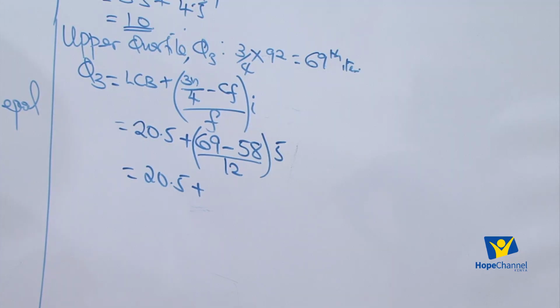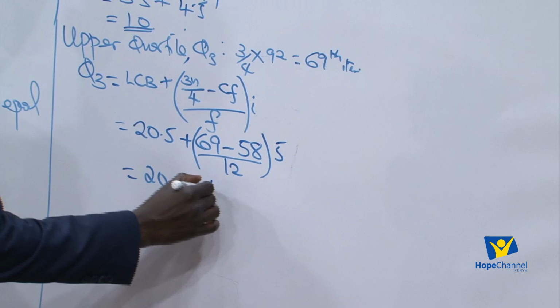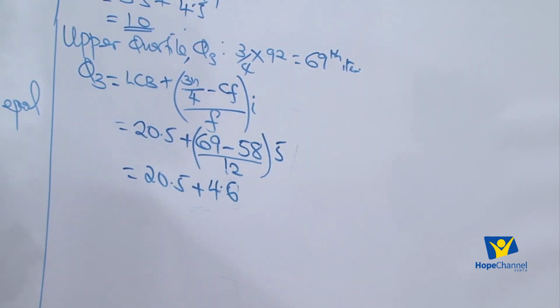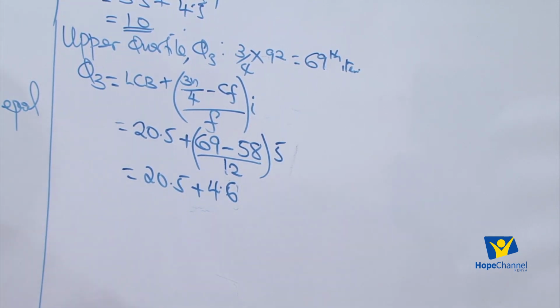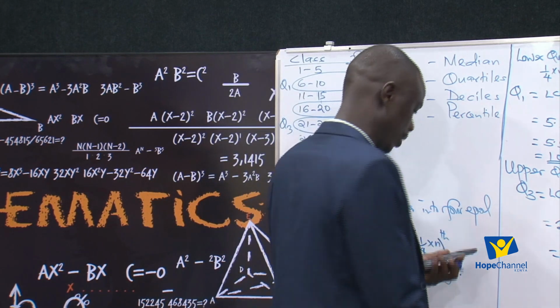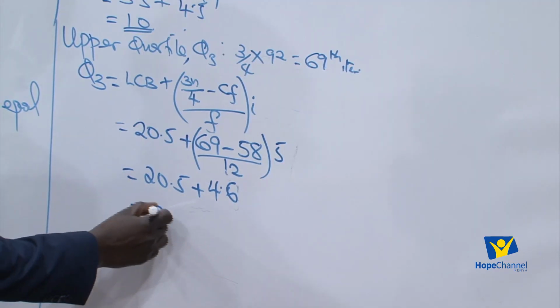Then times 5, we get 4.5 or 4.6. Let me round it off to one decimal place, so that is 4.6. If we add 4.6 to 20.5, we get 25.1.